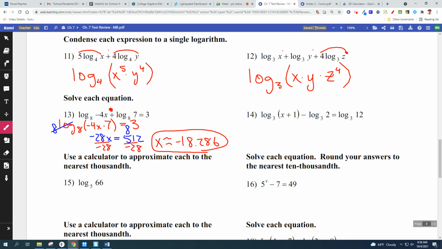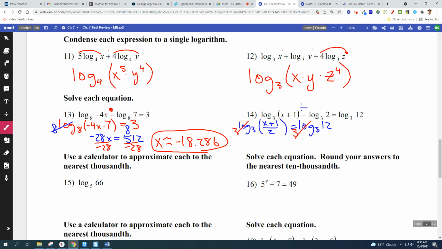Next one. Again, we've got to combine the logs. So you don't want log minus log. You're going to change that to division. It's going to be log base 3 of x plus 1 divided by 2 equals log base 3 of 12. Now you can do a base 3 on both sides, but in this case, it's going to cancel both logs.